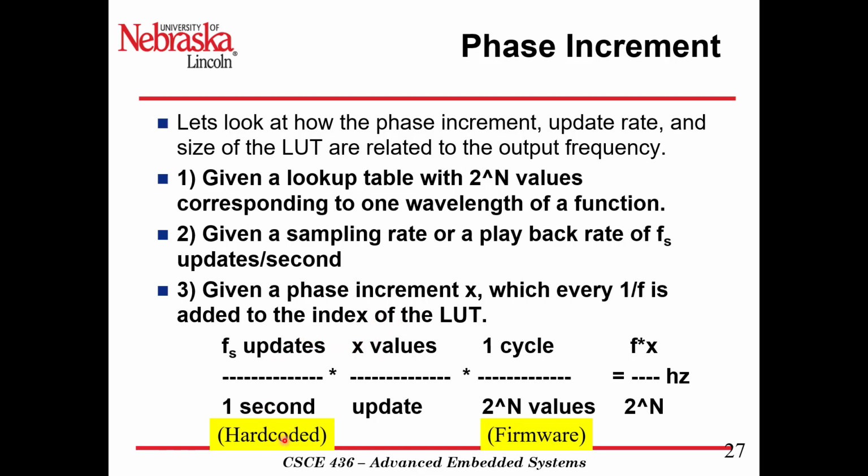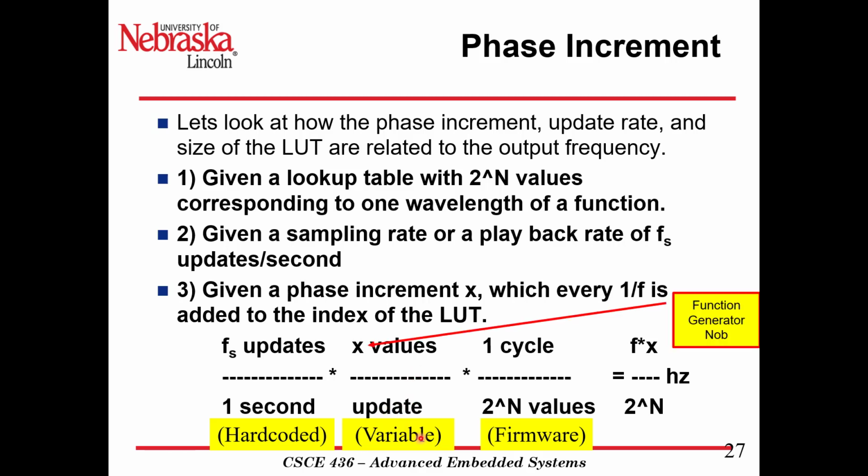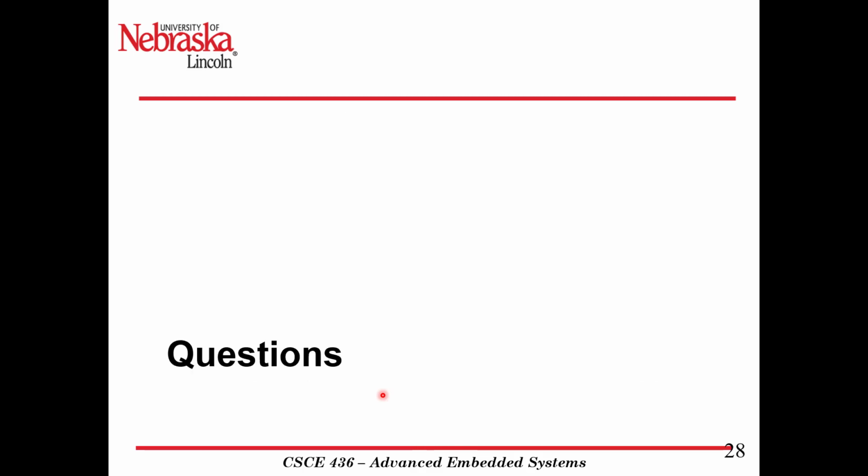That's hard-coded in the hardware, not the audio codec. It's defined during the update rate. The only value we can actually change is our phase increment. That is how much we're going to index into that lookup table per update. This X essentially becomes our function generator knob, where it just dials in the frequency that we want.